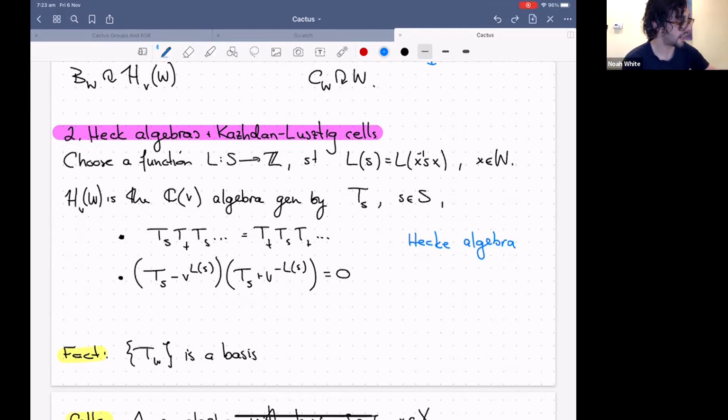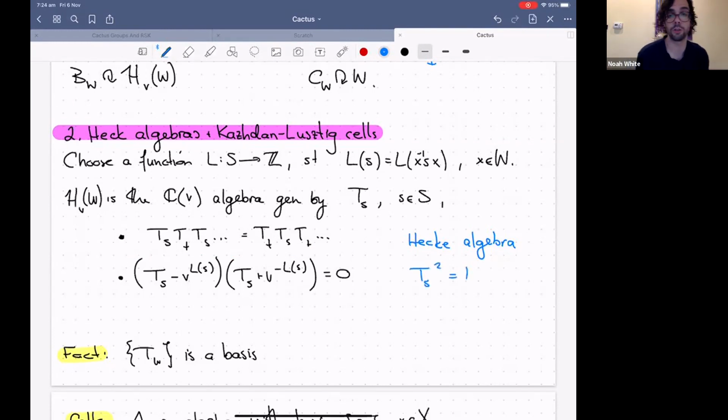In any case, it's an algebra with coefficients rational functions in v, generated by, I'll use the same symbols as the generators of the braid group, T_s. Again, it has the same braid relation, and then we have one more relation, which is deforming the relation that these things should be involutions.